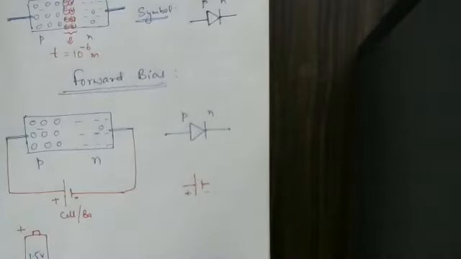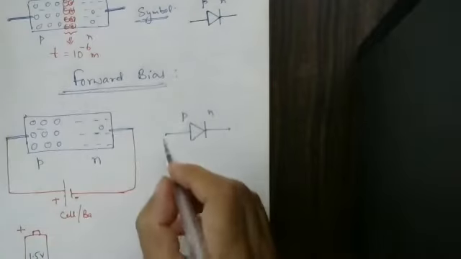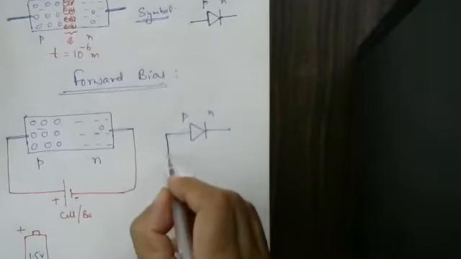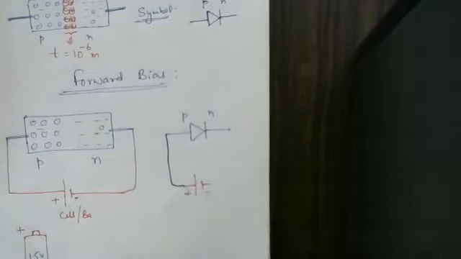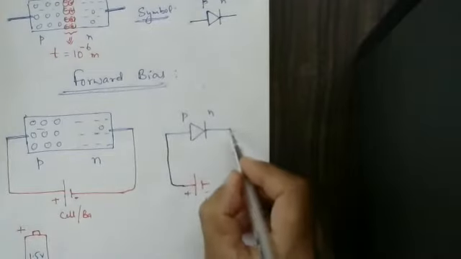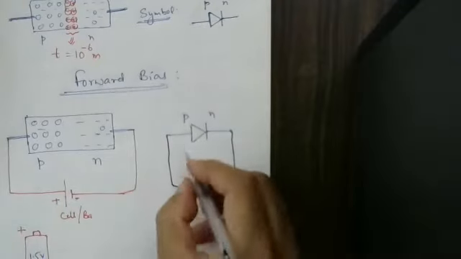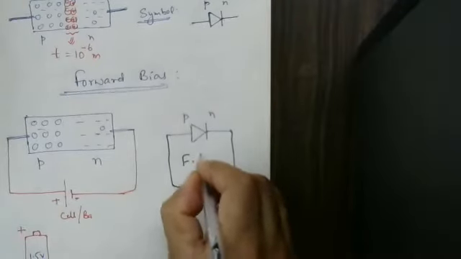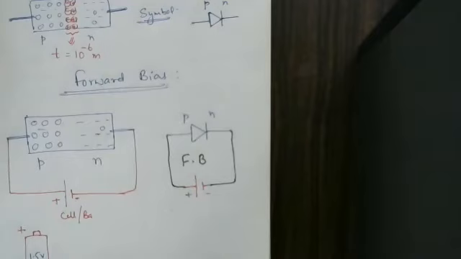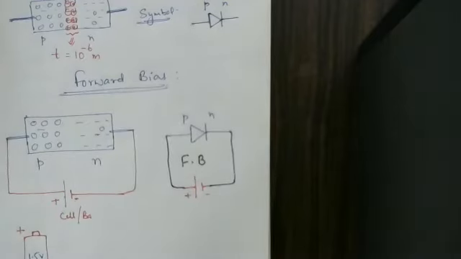For this battery, I will connect a copper wire from the P variety, and from the N variety I will take a copper wire and connect it like this. This idea is called forward bias or forward biasing.